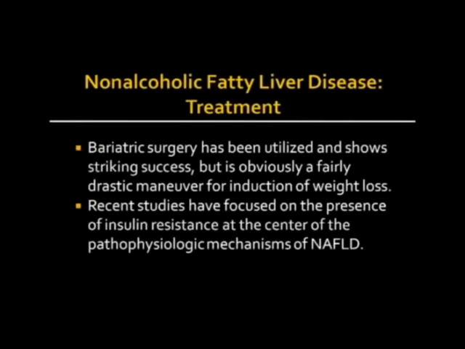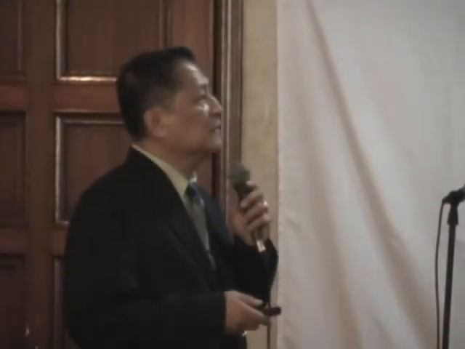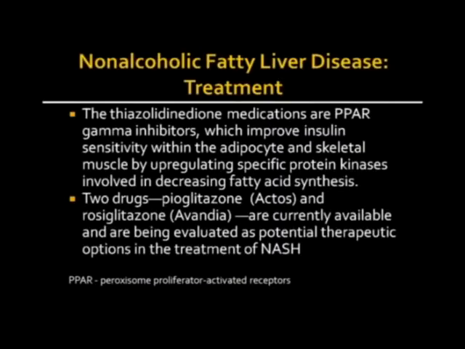Recent studies have focused on the presence of insulin resistance at the center of the pathophysiologic mechanism of NAFLD. So, insulin resistance, the treatment is low-carb diet. Stay away from pyramid diet. Now, the thiazolidine medications are PPAR, peroxisome proliferative activated receptors.